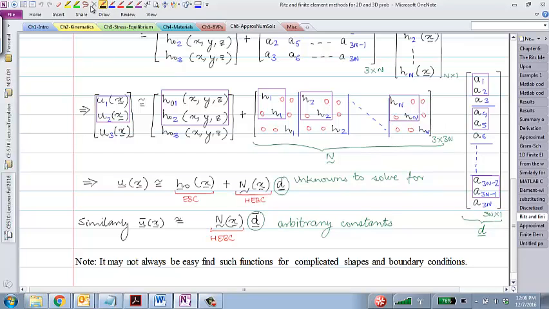All right. One quick note here. This note says that it's not always easy to find functions that satisfy these conditions that we are talking about.